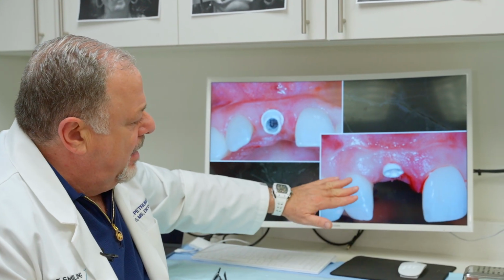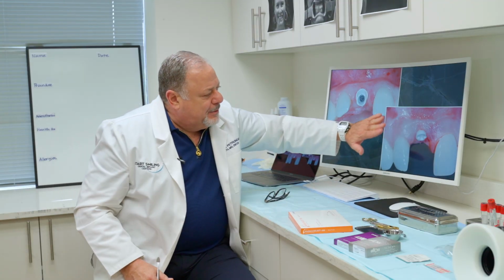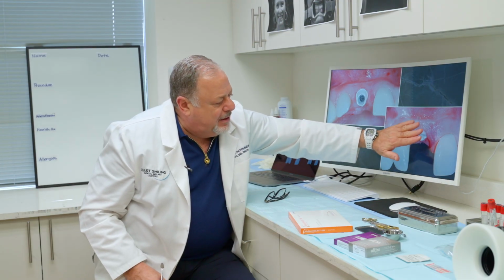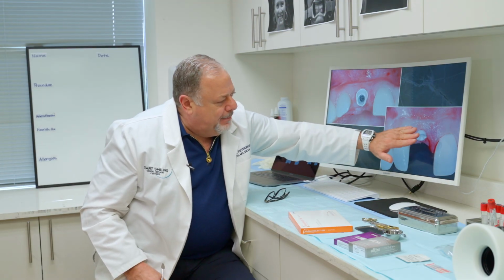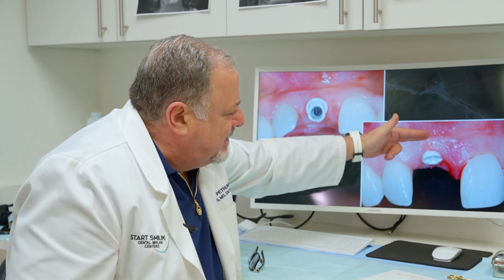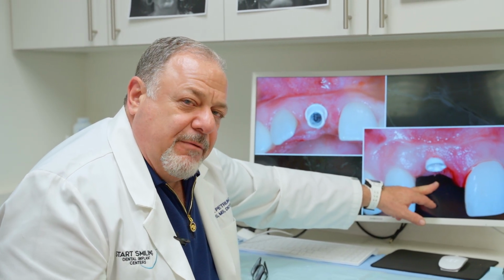And then from there, I'm going to be able to go underneath with those instruments I was just showing you and free the gum tissue up to create a tunnel across the front that's not only loose buccally, but loose apically. Because at the end, whatever happens here, I'm going to take this tissue and move it down coronally over the crown to make up for the height discrepancy of the tissue itself.